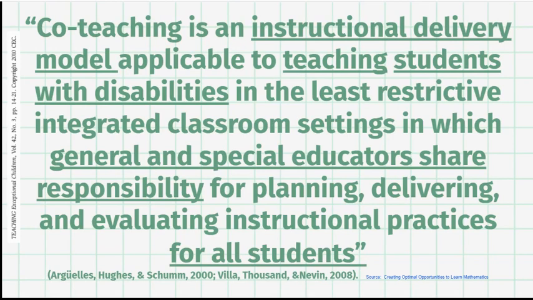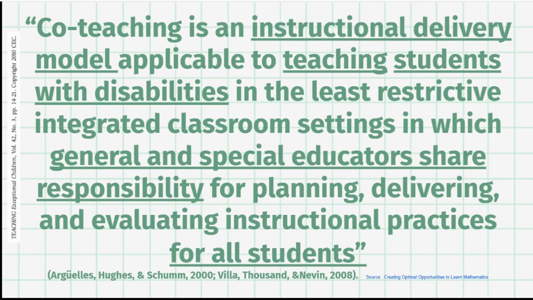There's also another co-teaching definition that I found very helpful within that article from Teaching Exceptional Children, where it talks about it being that instructional delivery model, but it's applicable to teaching students with disabilities. Now, we'll talk a little bit more about this later. There are other co-teaching teams besides the general ed and the special education teacher, but we're going to be focusing much of today on this co-teaching model where we pair up one general education teacher and one special education teacher.